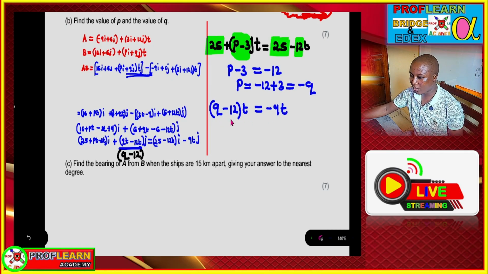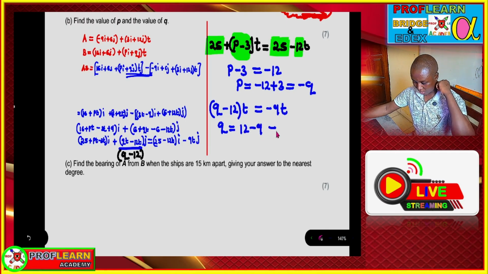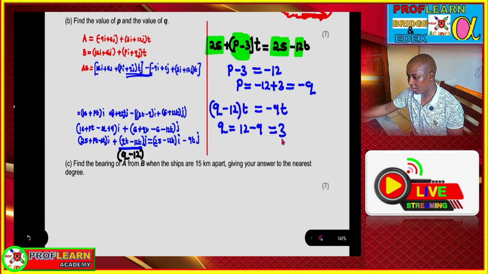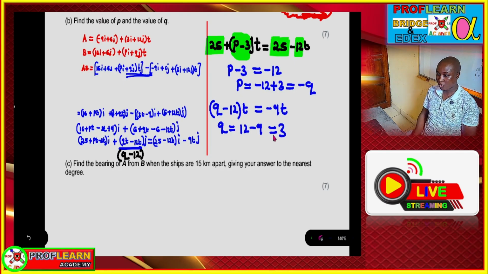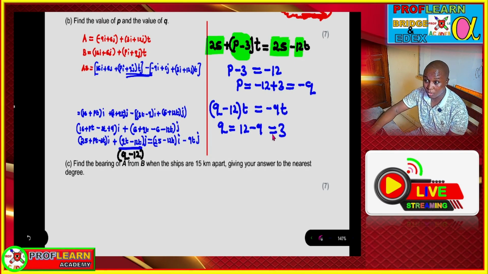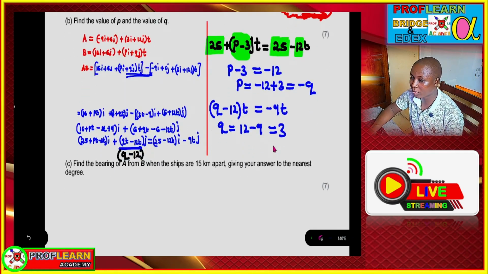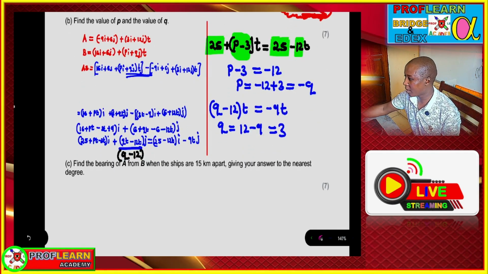So we can cancel t's, and we shall have q equals 12 minus 9, which translates to 3. Our q is going to be 3. It was quite an interesting question, but finally there we are with the value of q and this as the value of p.